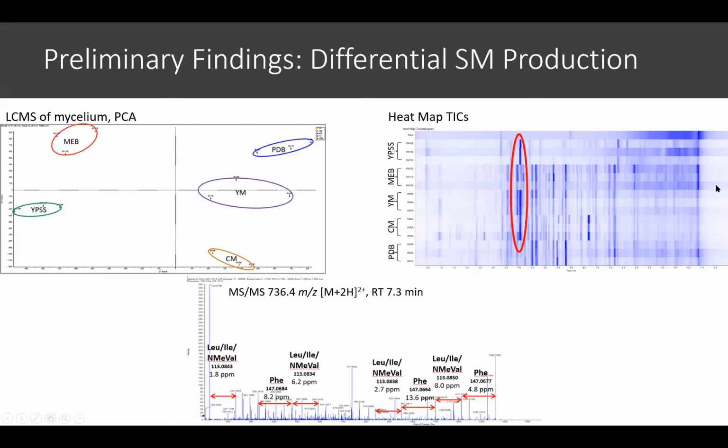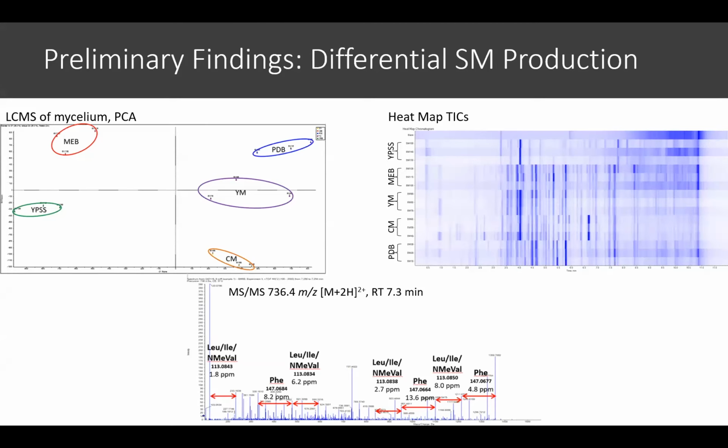And then this graphic at the bottom here shows the MS-MS spectrum for just a single compound. Along the x-axis, you have a display of the mass to charge ratio, and the height of each peak represents the intensity for an ion at that mass to charge ratio. The differences between these peaks are useful for investigating the fragmentation patterns of a compound, and can be used to identify residues of that fragment.